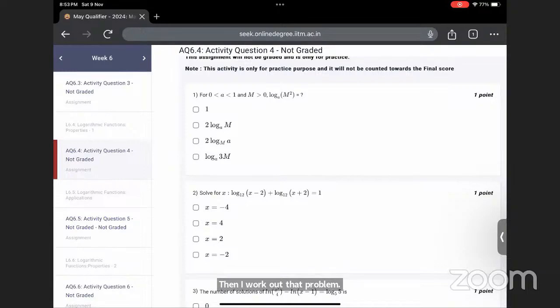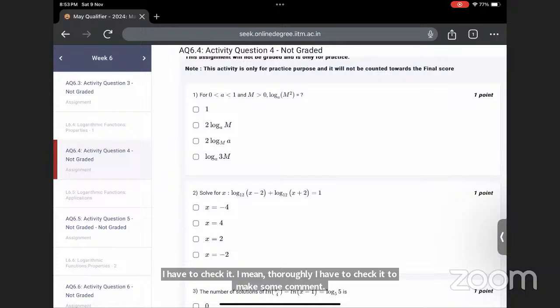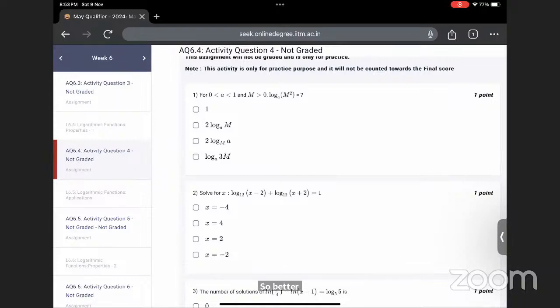Actually, I didn't solve it. Maybe it was made by something else, so I have to check it thoroughly to make some comment. Better you discuss it with your fellow mates, if there is someone who has already solved the question or who is getting the same value.